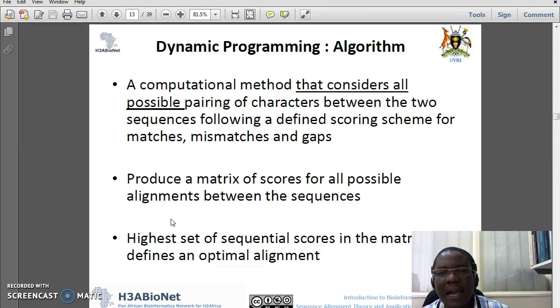Now, the highest set of sequential scores in your matrix, we shall discuss how this comes about, defines your optimal alignment. What you have to remember is that this dynamic programming approach really is very computationally intensive and requires lots of computing power.